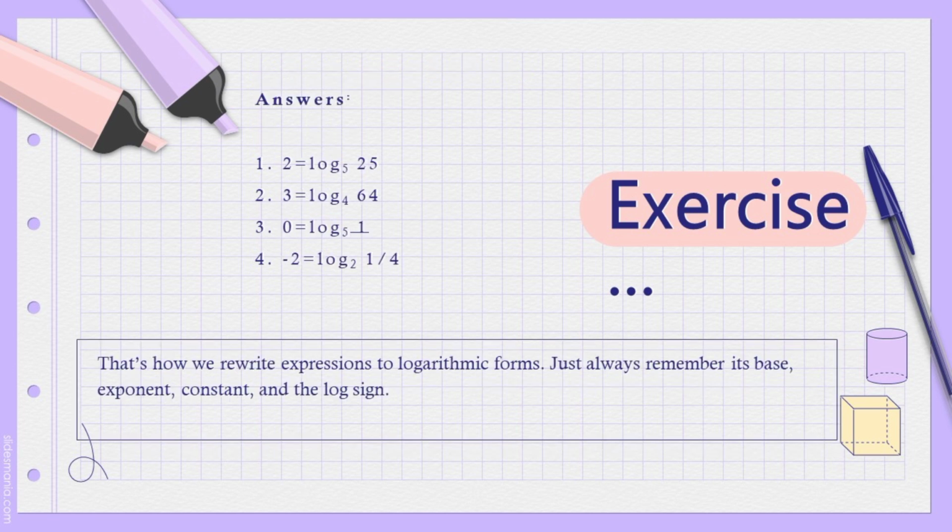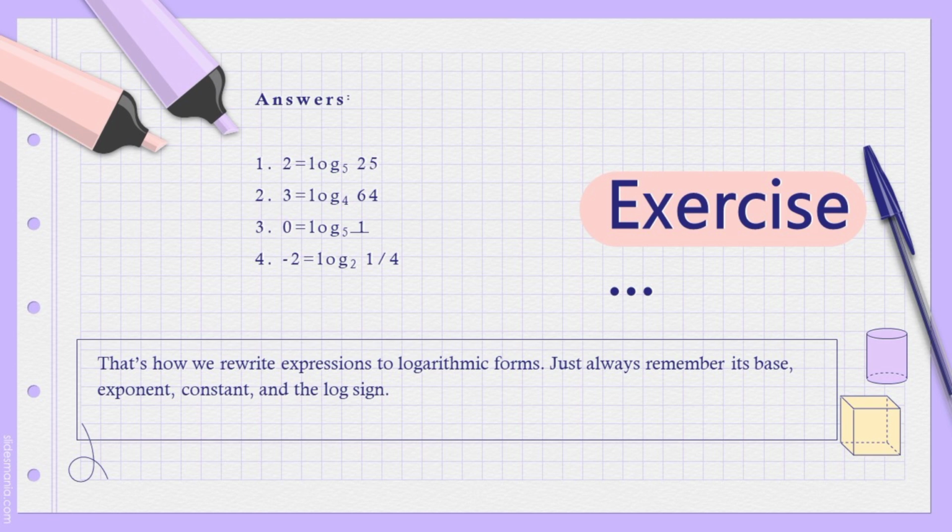Here are the answers. Let's start with number 1. 2 is equal to log base 5 of 25. The first step is the exponent 2 will go to the left side of the equation, then add an equal sign and the log sign.